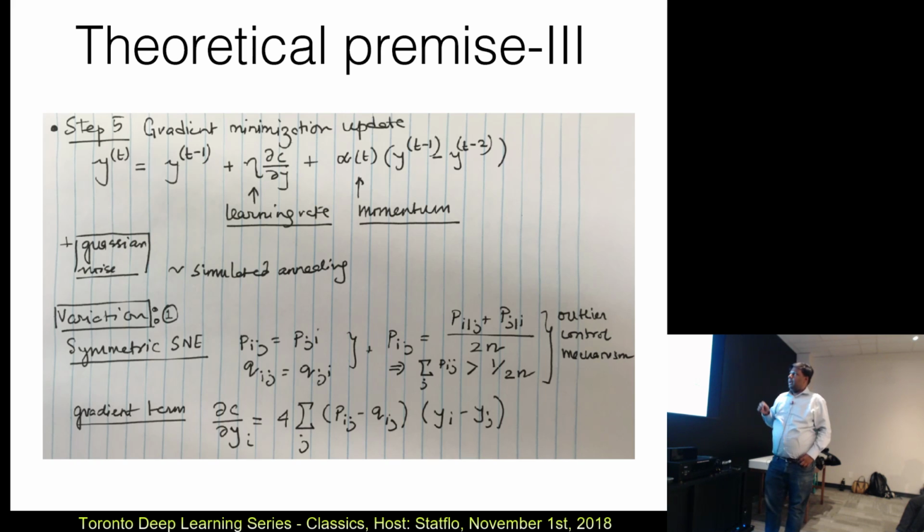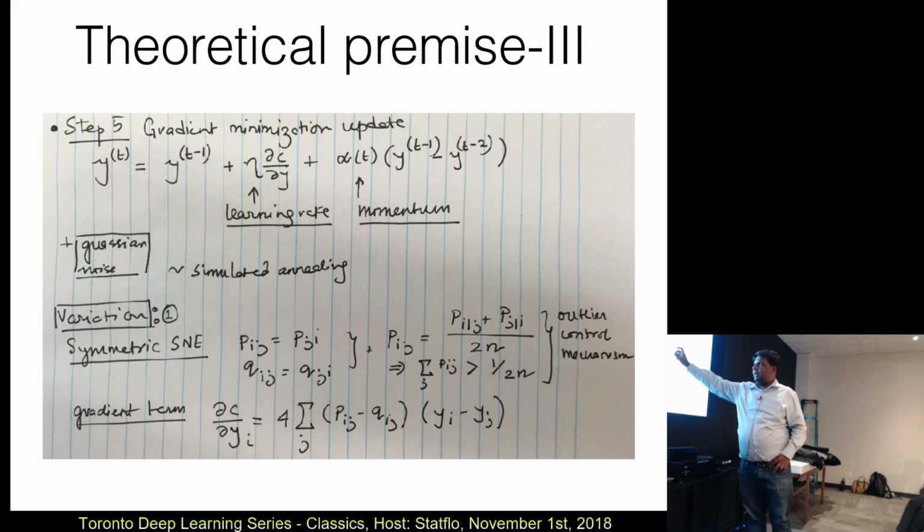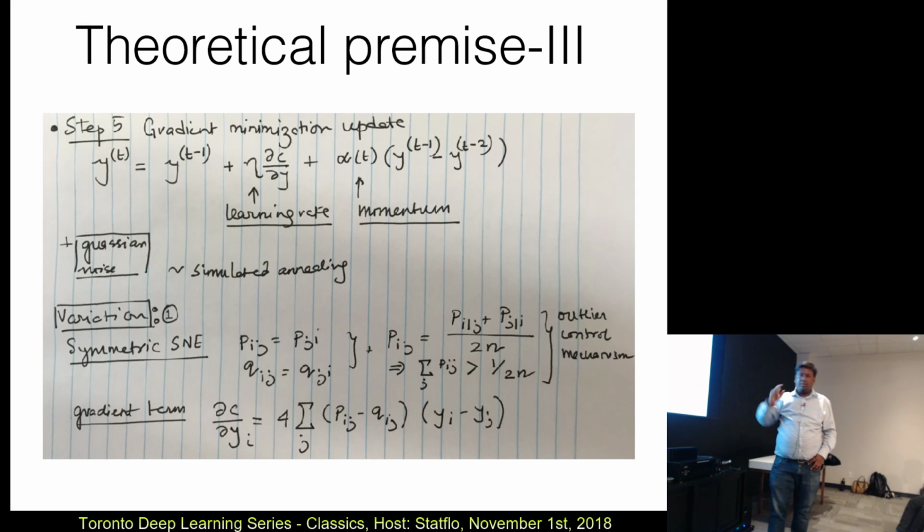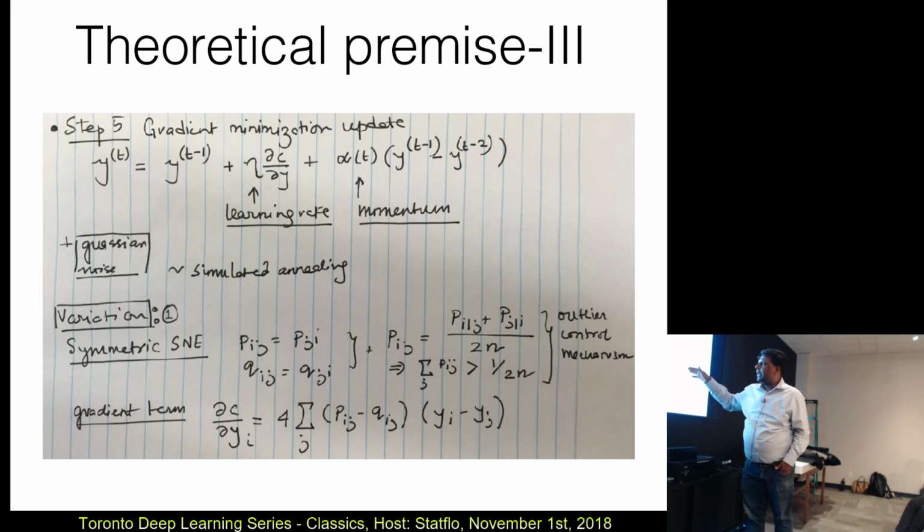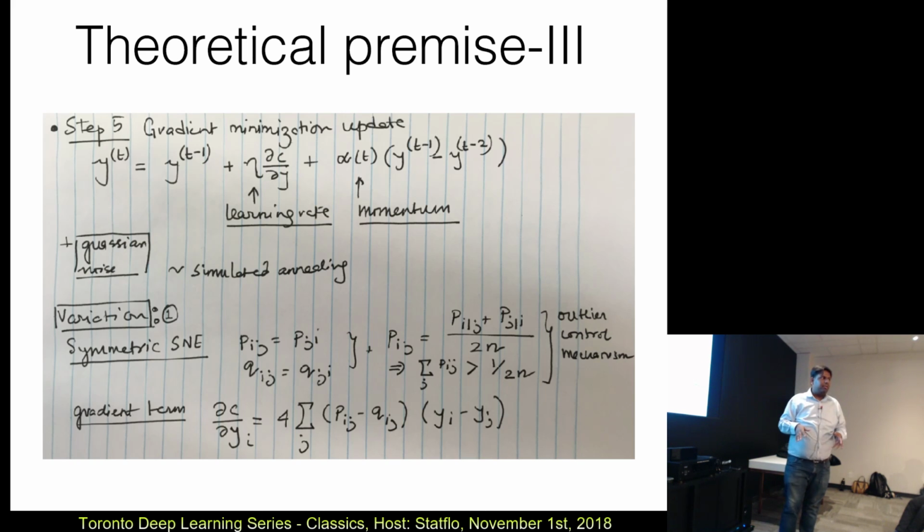They also added some Gaussian noise, which is like simulated annealing, and as they went down the convergence, they would slowly take out the Gaussian noise. It's almost like how you tweak the temperature of the system and slowly bring it to 0, right?